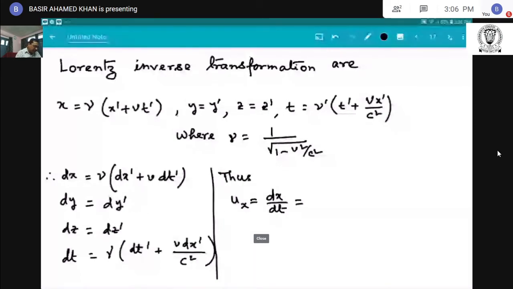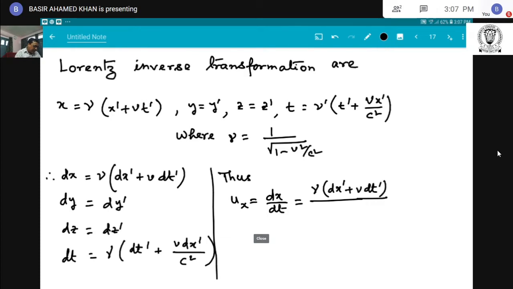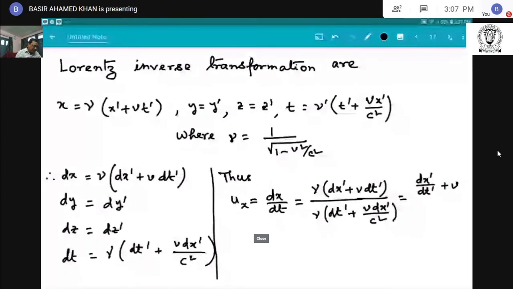I put the value of dx equal to nu dx dash plus v dt dash, and the value of dt equal to nu dt dash plus v dx dash by c square, that is dx dash by dt dash plus v divided by 1 plus v dx dash by dt dash divided by c square.